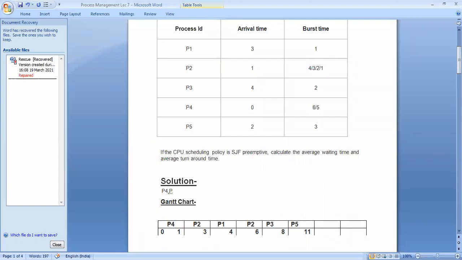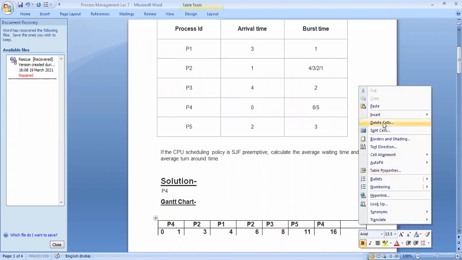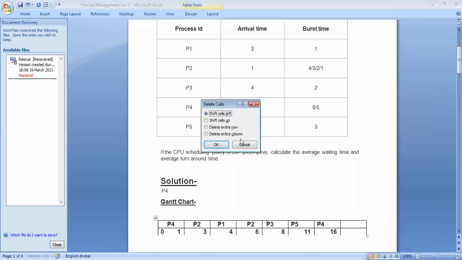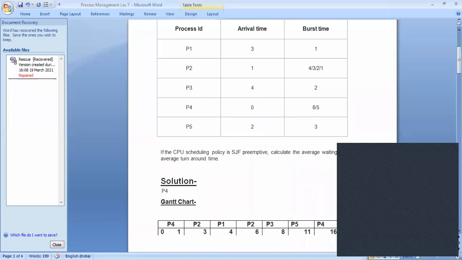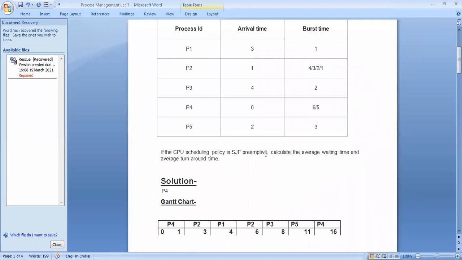So that means P4 process will execute. So now 16. Now this one is complete.